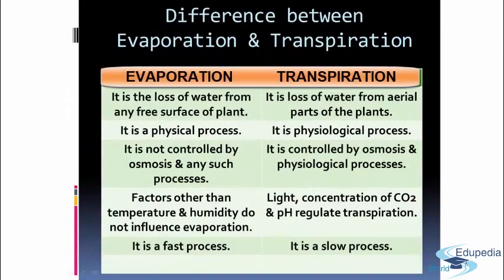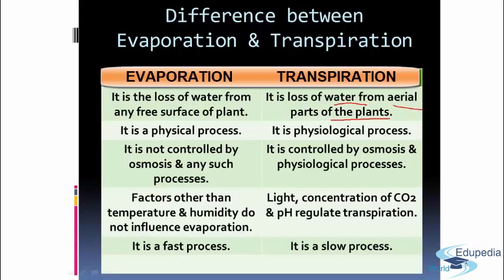Next we have the differences between evaporation and transpiration. This is very important. See, evaporation and transpiration are very different from each other. So we will discuss the differences. The first difference is that evaporation is the loss of water from any free surface, but transpiration is the loss of water from aerial parts of the plants.